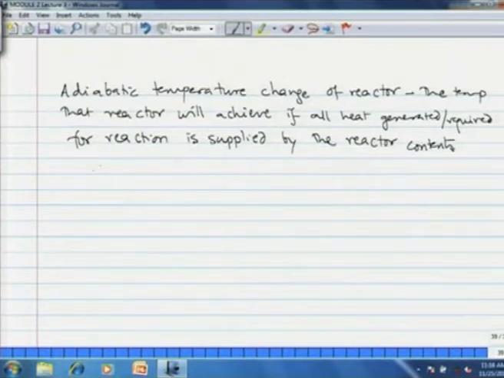Again we take the HDA process as example. The heat of reaction of HDA process is minus 21,530 BTU per mole toluene.